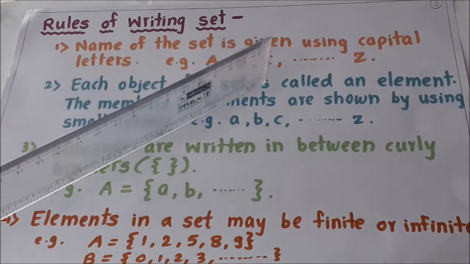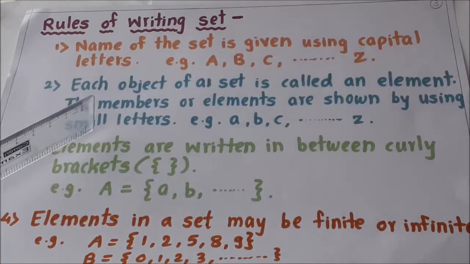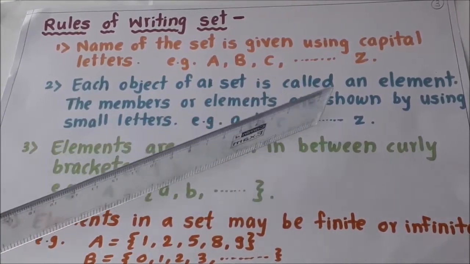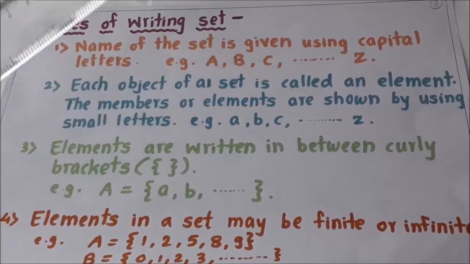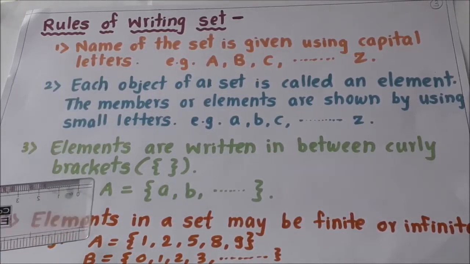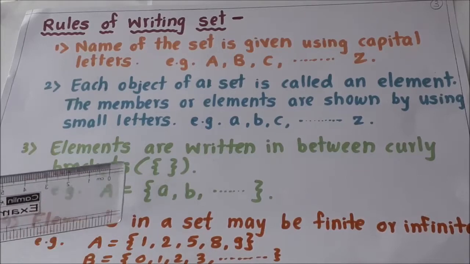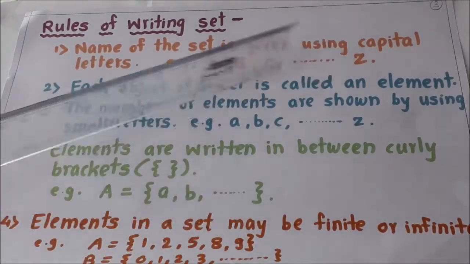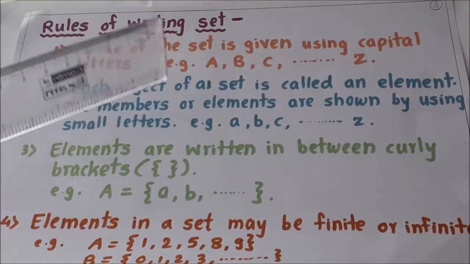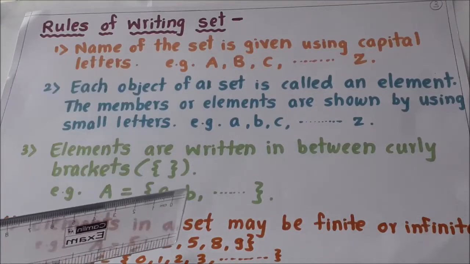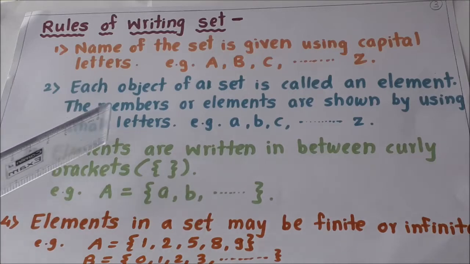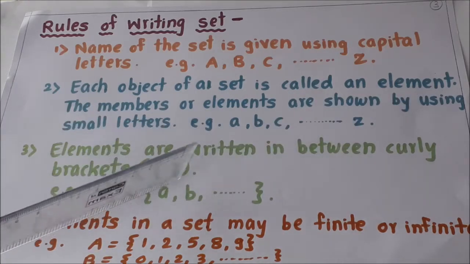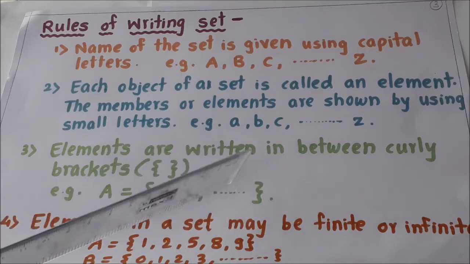The members or elements are shown using small letters, that is small a, b, c up to z. For example, here A is the name of the set and here 1, 2, 5, 8, 9 are the elements of that set. These elements we can separate by using commas. Third point, elements are written in between curly brackets. Always we have to write the elements in between curly brackets.